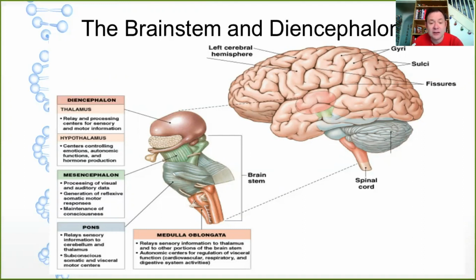Above the medulla oblongata, also part of the brainstem, we have the pons. The pons relays sensory information to the cerebellum and to the thalamus at the top of the brainstem. It's responsible for subconscious, somatic, and visceral motor centers.